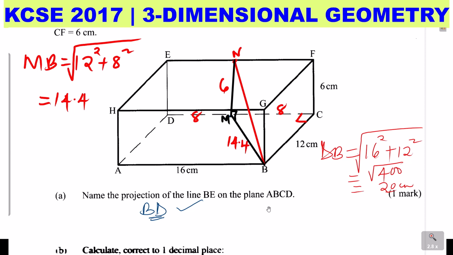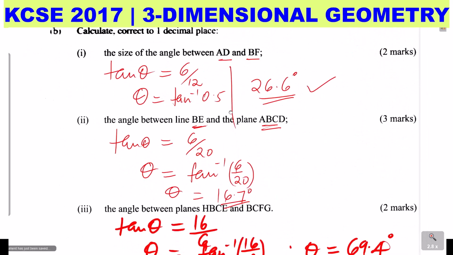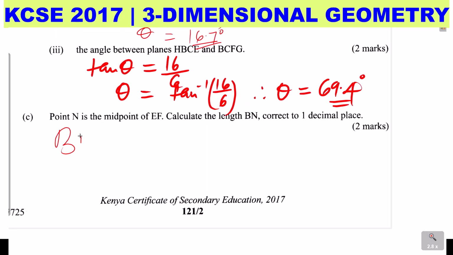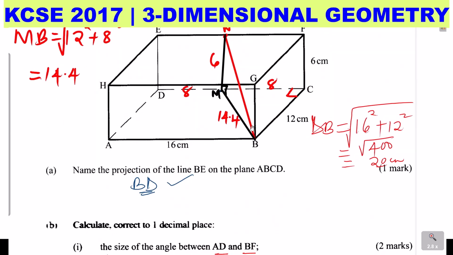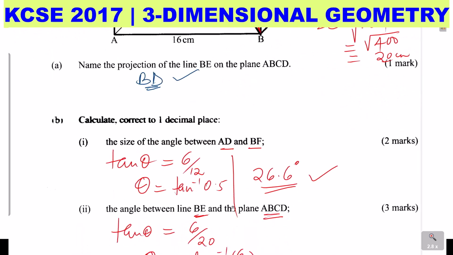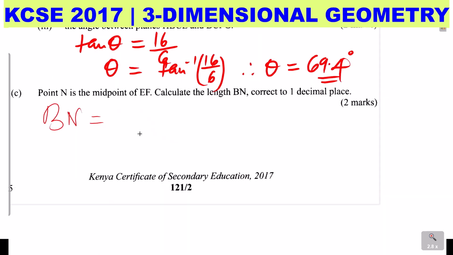BN will be given by the square root of 6 squared plus 14.4 squared. That is Pythagoras theorem. When you work this out using a calculator, you get BN as 15.6 centimeters.